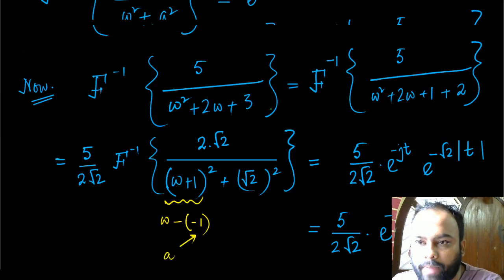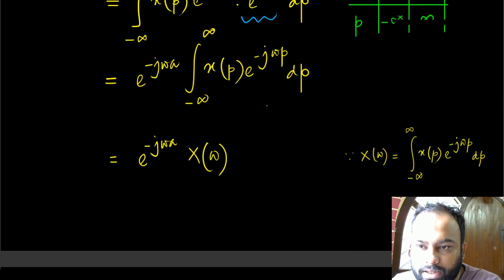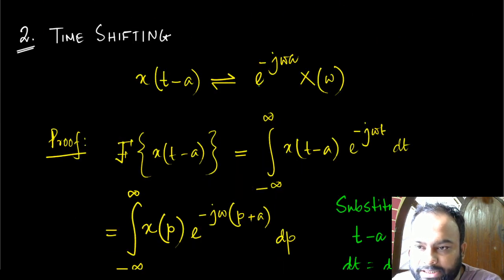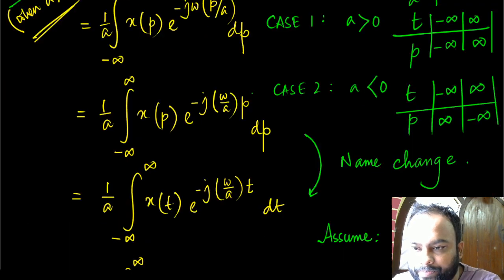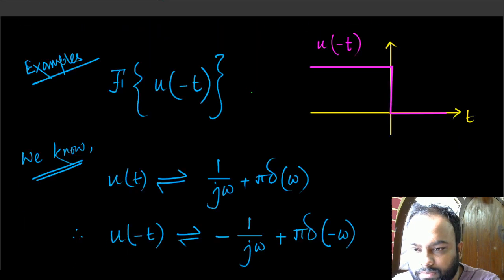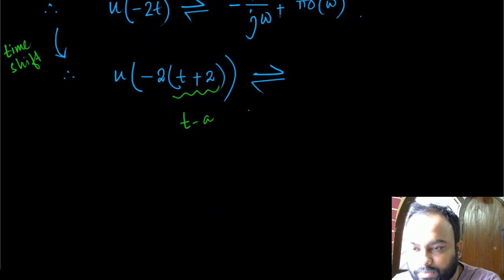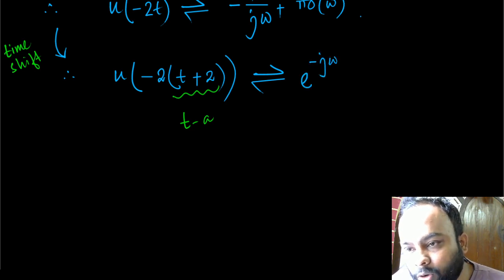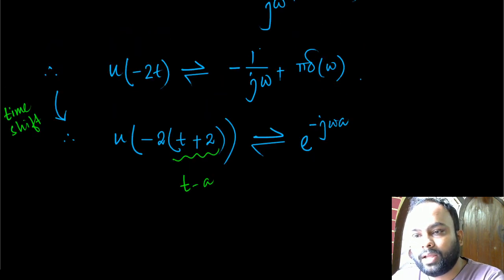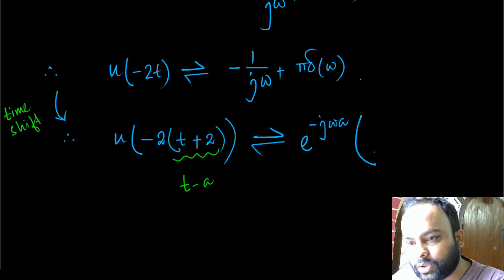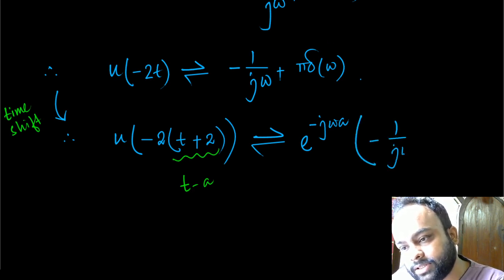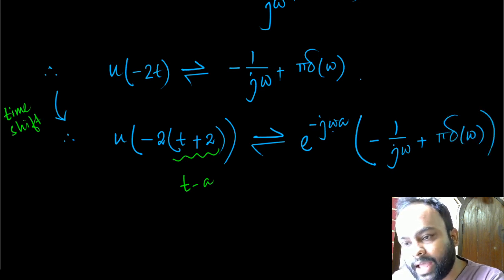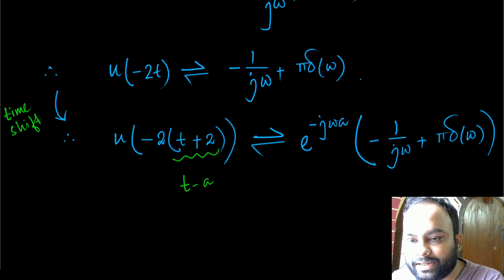Of course, let me go back again. What was the property? E to the power minus j omega a, right? And multiply this. So I have minus 1 by j omega plus pi delta omega. And what is a? a is minus 2.